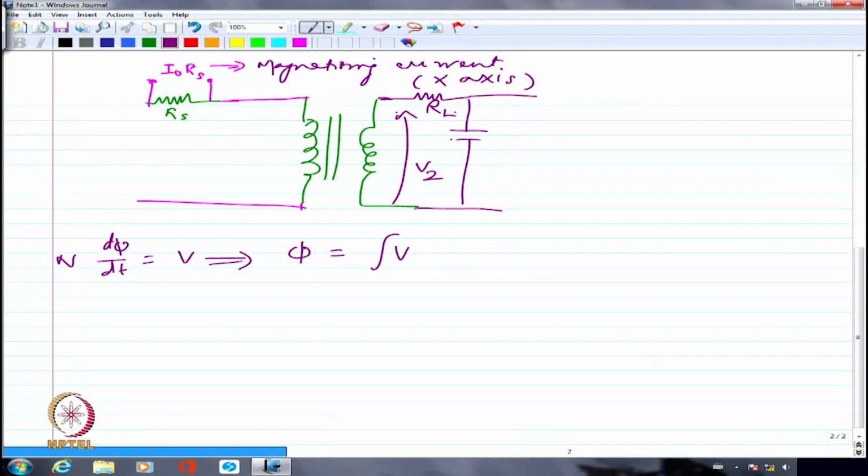What I mean by large, again large and small are relative. If I say it is a 2.2 kVA, 220 by 110 volts transformer, repeatedly whatever we had used earlier, I am just using it again. 5.5 ohm is my normal secondary resistance if I want the secondary current to be at rated value. Right? But instead of 5.5 ohm, if I use maybe 200 ohms or 300 ohms, I would call that a very high resistance compared to the nominal resistance.